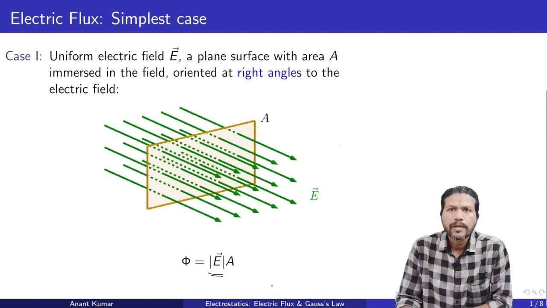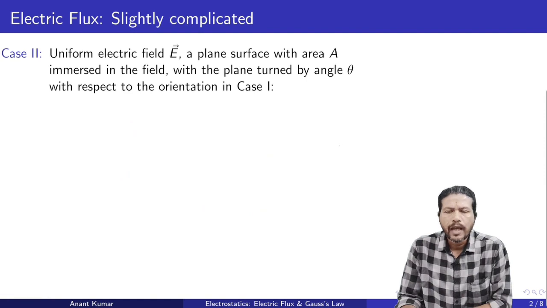Now what might happen is definitely the situation might not be as simple as this. We might have, for example, the electric field and the area oriented not exactly at right angles but at some other angle.